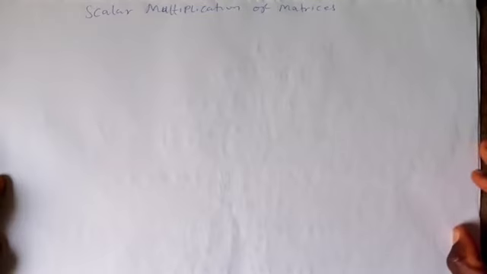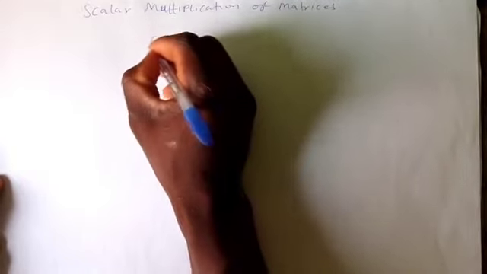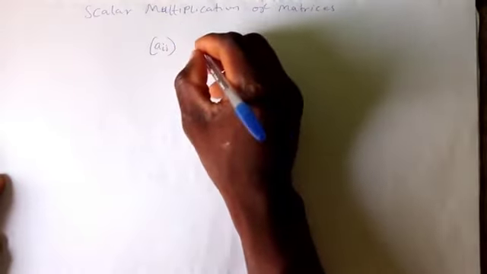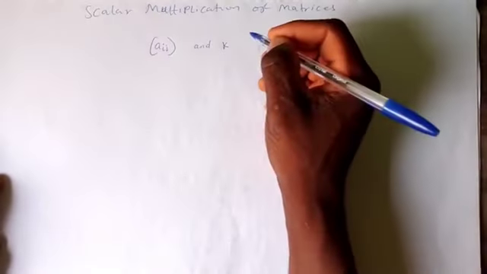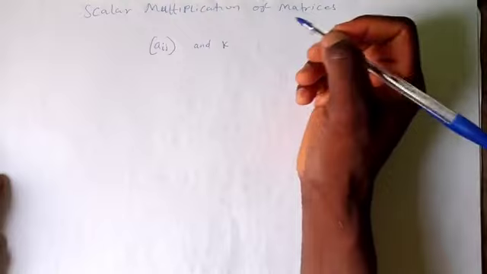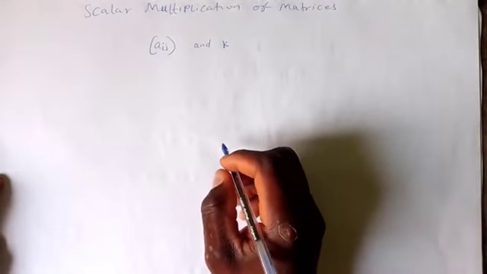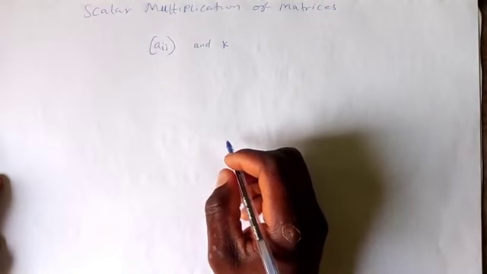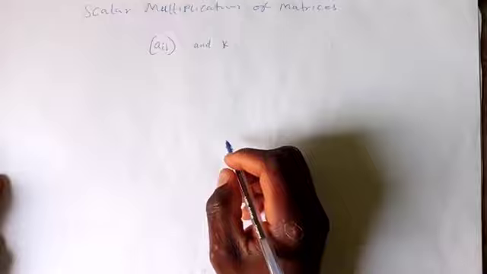If you were given a matrix, let's say Aij as a matrix, and the scalar, let's say the scalar is k, and you were asked to use the scalar to multiply the matrix, what you do is you multiply every single element of the matrix by the scalar.